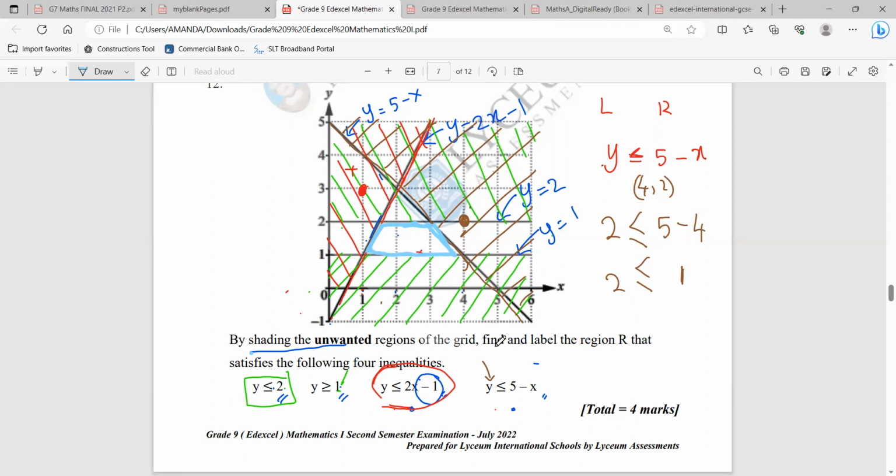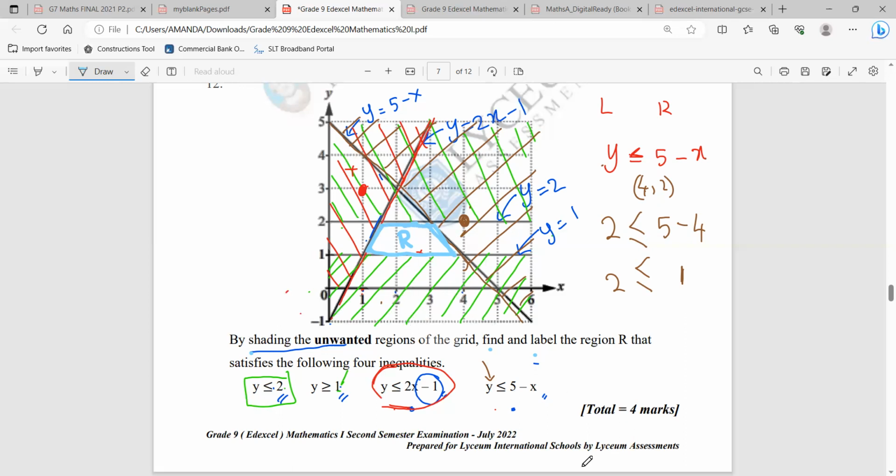So by shading the unwanted regions, we have shaded all the unwanted areas. By shading unwanted regions, find and label the region R that satisfies. So that little trapezium satisfies these conditions.